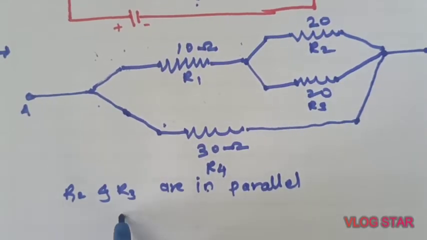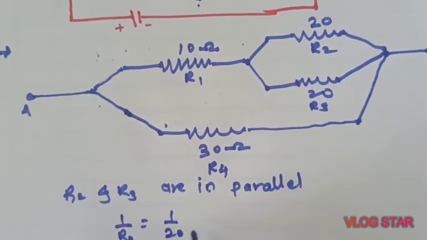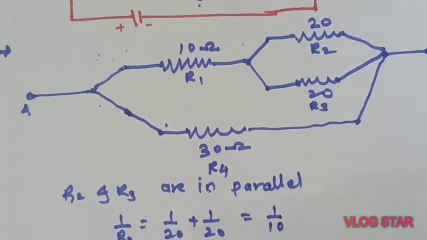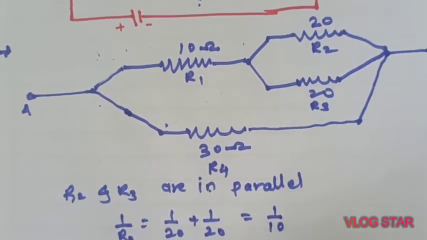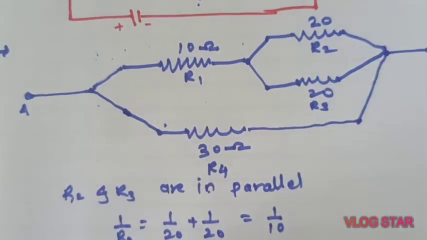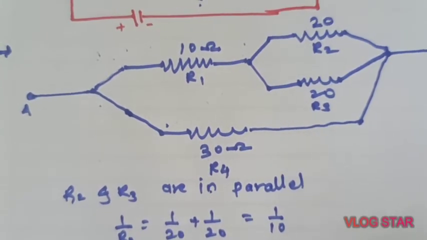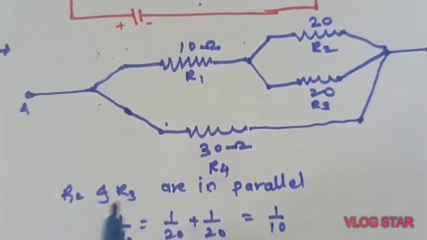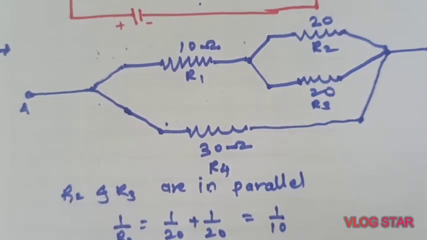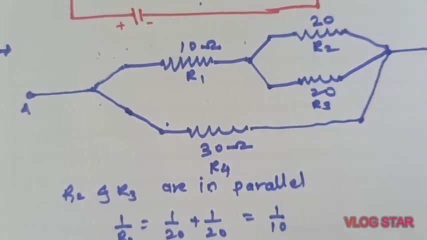By the parallel rule, 1 by Rp equals 1 by 20 plus 1 by 20, that is 2 by 20, and finally it is 1 by 10. So Rp is 10 ohm. Now R1 and Rp, 10 and 10, are in series. So how much is it? R1 plus Rp, the total is 10 plus 10, together 20 ohm.